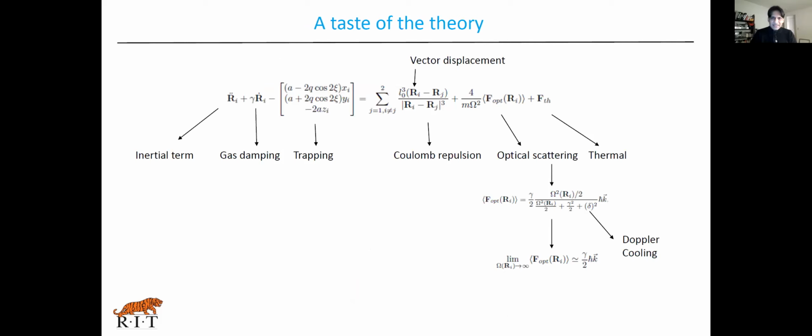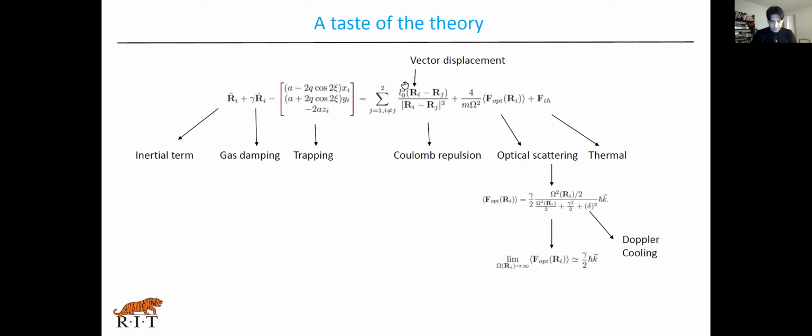So finally, a taste of the theory. We used a semi-classical model. Basically, the motion of the ions is classical, but the internal structure is quantum mechanical. That accounts for light-matter interaction, but the light fields are not quantized, they're classical. Here you have a term that arises because of the motion of the ions, the inertial term. This is due to the collision with background gas. These are due to the DC and AC trap voltages.